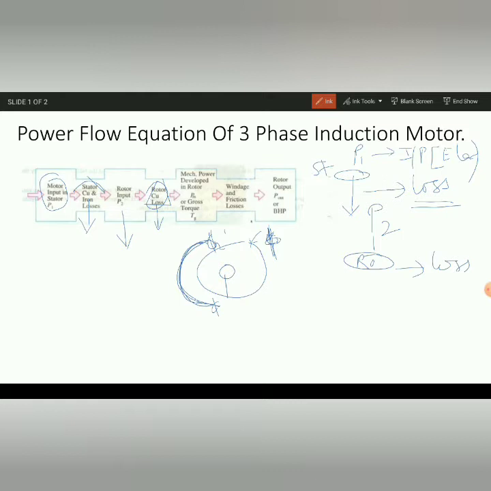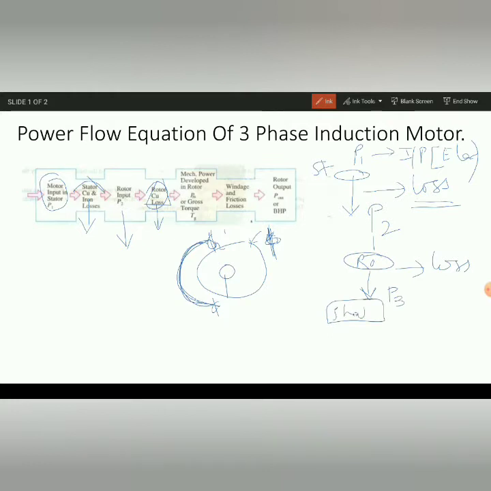After this loss, whatever remains will be P3. Here they have written PM, so we can write it as P3 or PM. Let us take it as P3. This P3 is the output of the rotor. After this we connect a shaft.